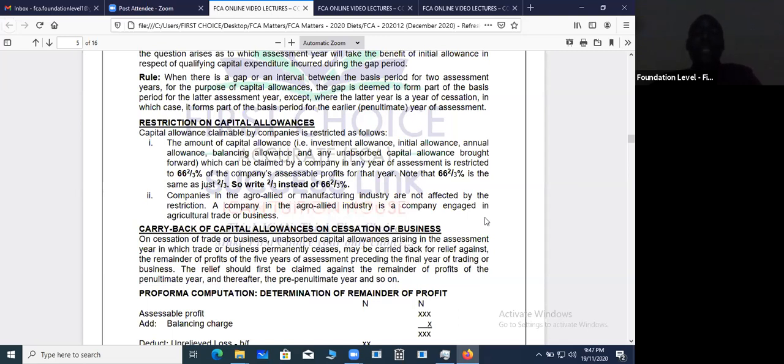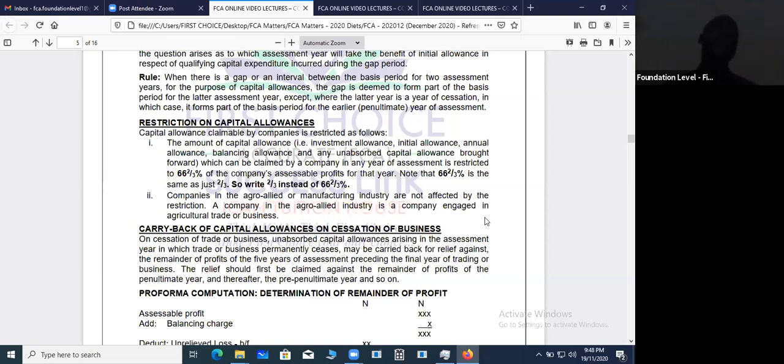But once you are in the agricultural business or you are in the manufacturing business, nothing concerns you with 2/3. Whenever you see your capital allowance and your capital allowance is less than your accessible profit, charge all your capital allowance as much as your accessible profit can carry.